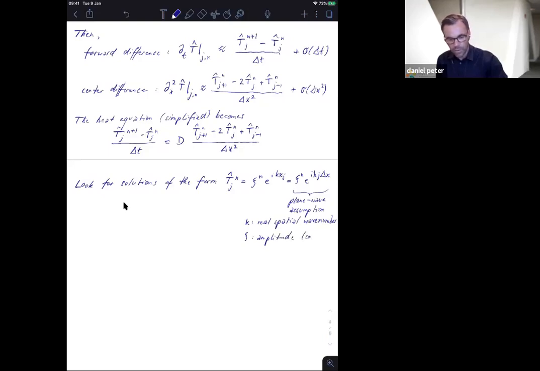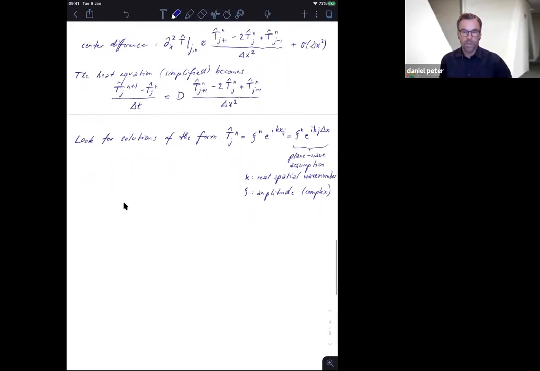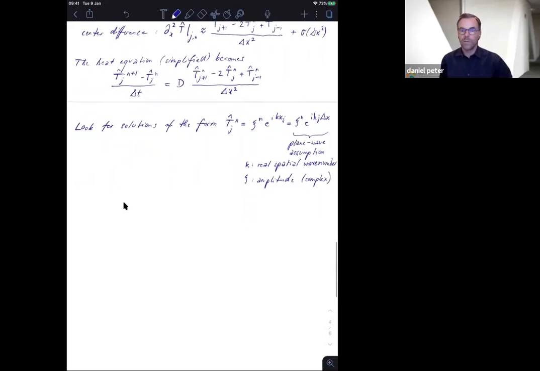Could be a complex number. So we basically assume that the temperature field will have this particular form of a plane wave. And so we just stick this assumption into the equation, the discretized heat equation, and then see what is the outcome in terms of constraints on the amplitude term, for example, of psi.